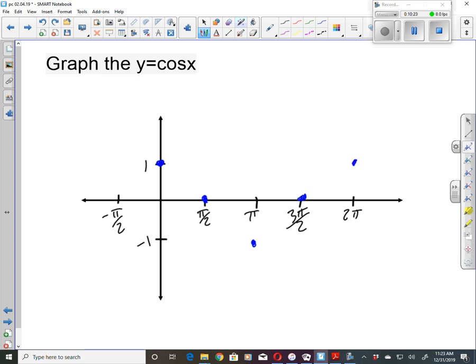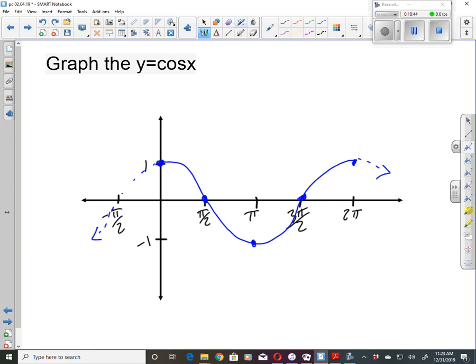And again, notice that the shape of this, because this is not a straight line. Remember, this is a curve. Looks something like this, and it's repetitive. Yes, this would continue this way. Yes, this would continue this way. Okay?